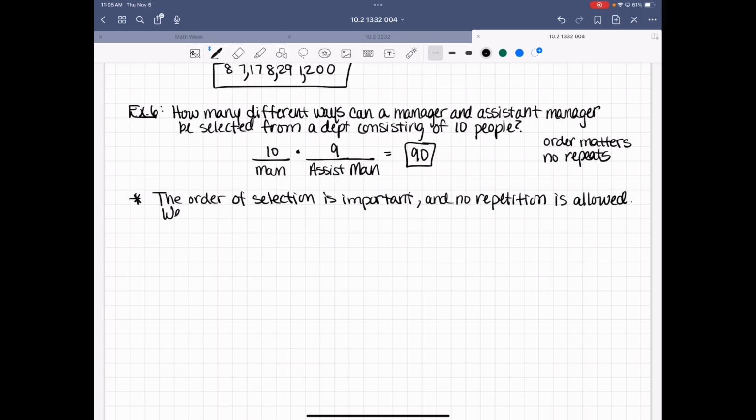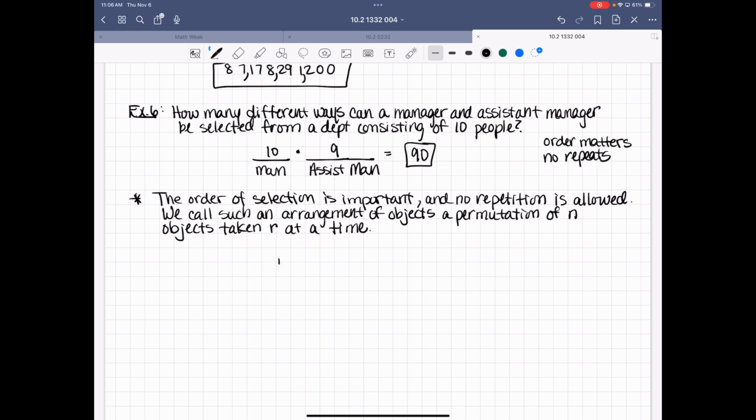We call such an arrangement of objects a permutation of n objects taken r at a time.